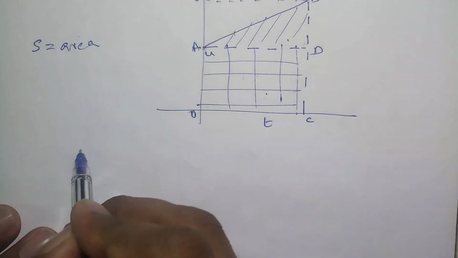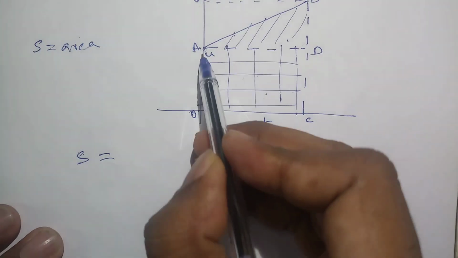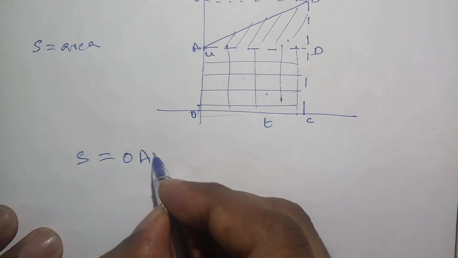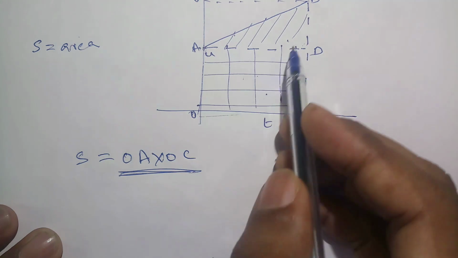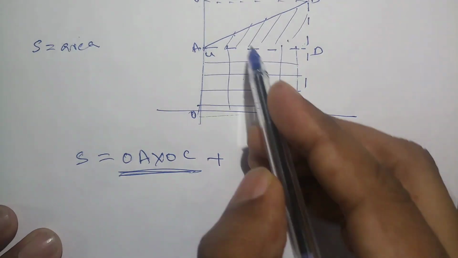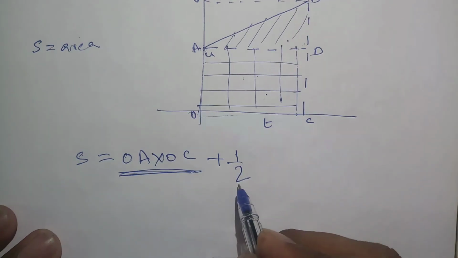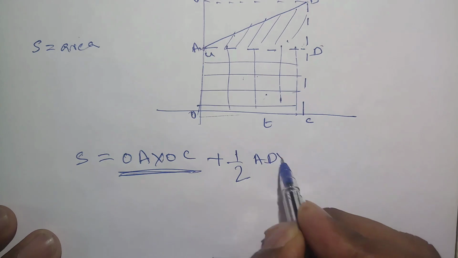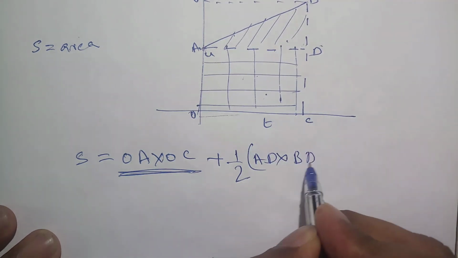So what will be the area of this rectangle? We'll write S is equal to the area of the rectangle, OA into OC. Very simple, OA into OC, plus the area of the triangle, half BH, that is half into base AD into height BD.